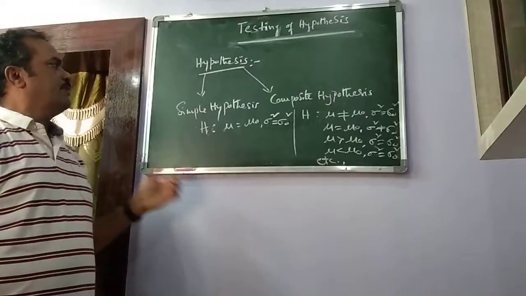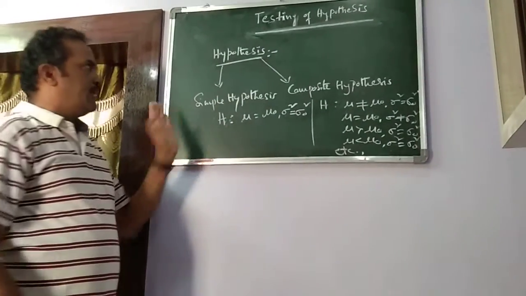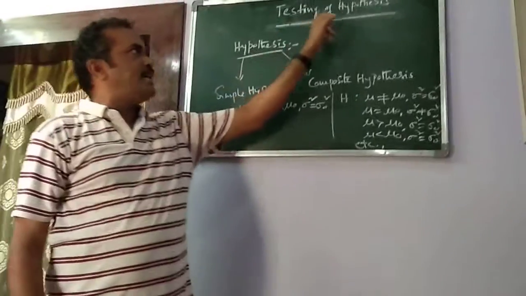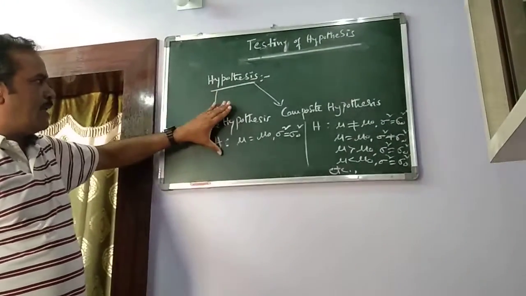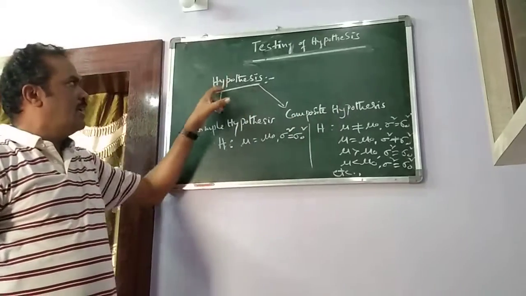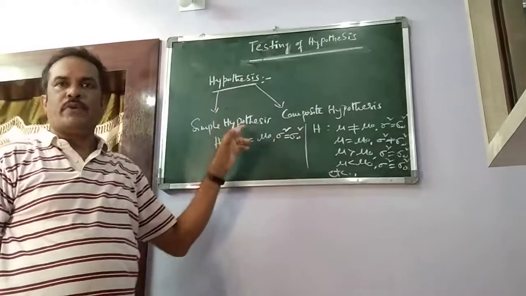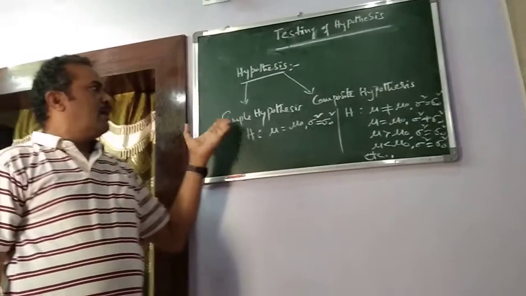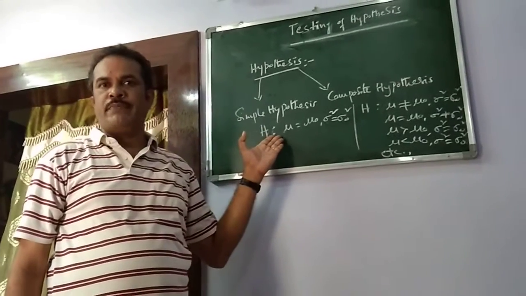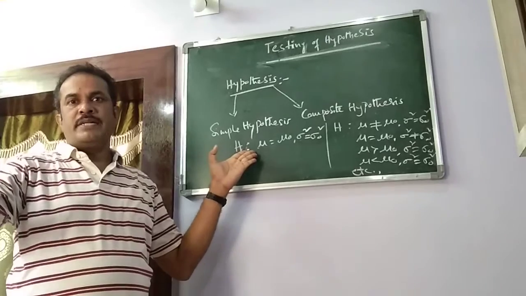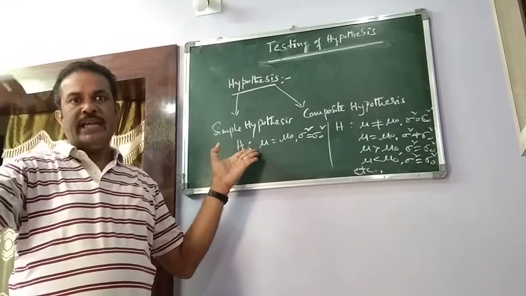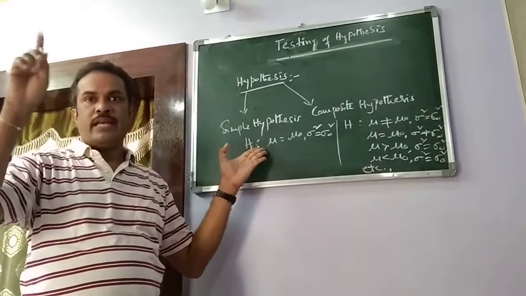Okay. Next we will discuss the testing of hypothesis. Hypotheses are classified into simple hypothesis and composite hypothesis. Next we need to test that hypothesis. Simply, I have spoken a definite statement about the population parameter. How far is it true? Whether all the statements are correct or not. So we need to test that hypothesis.